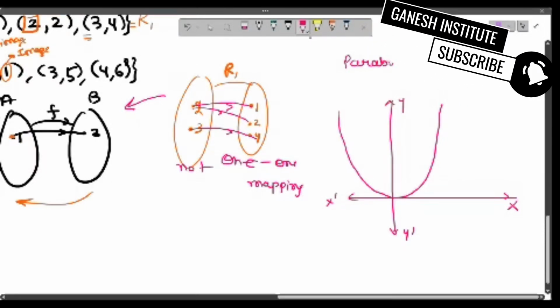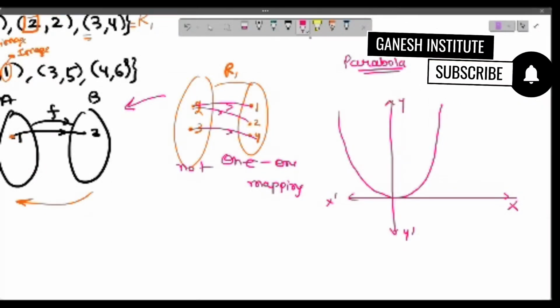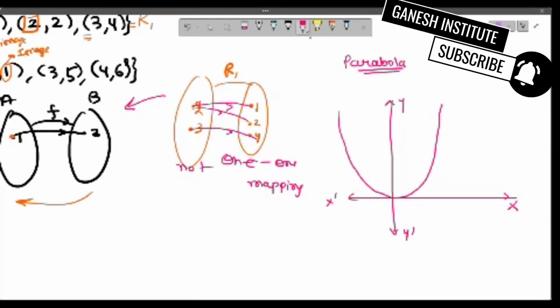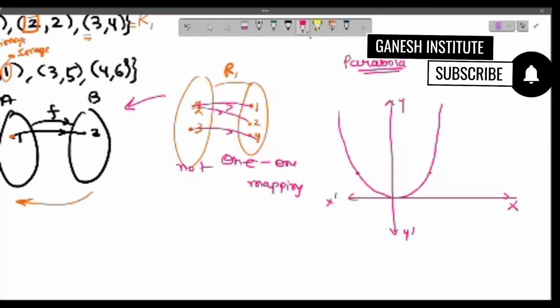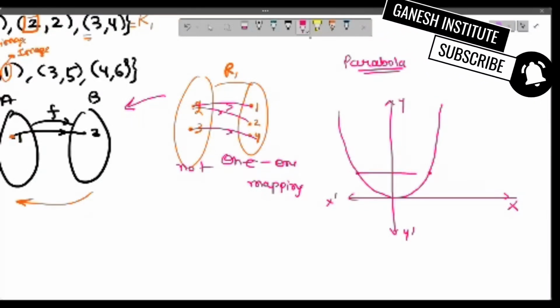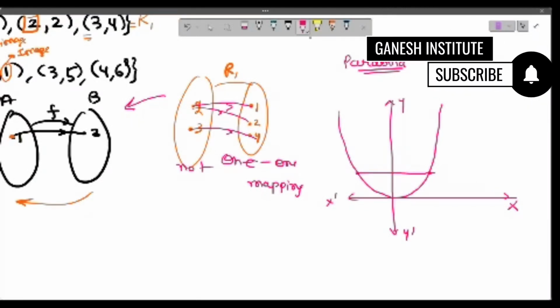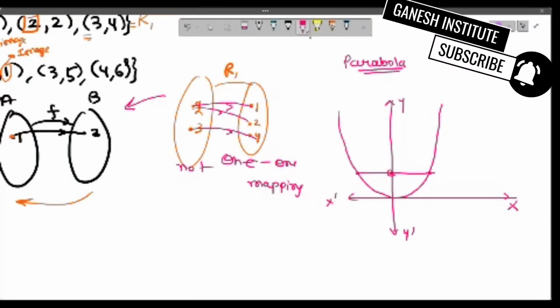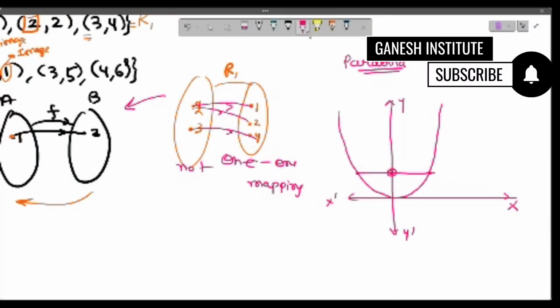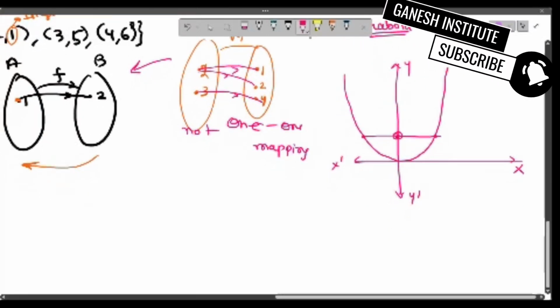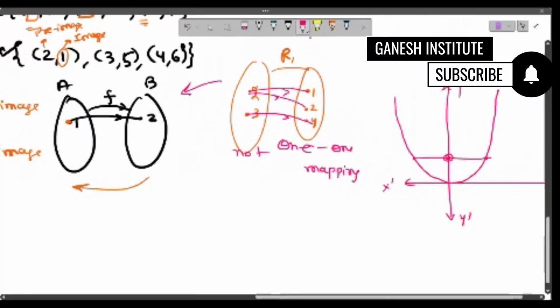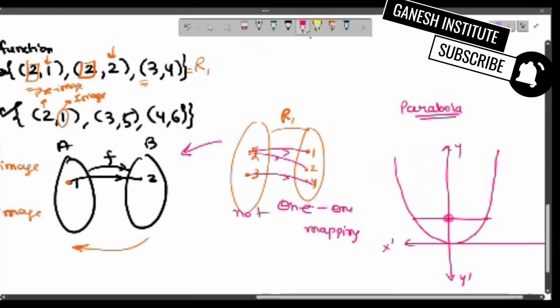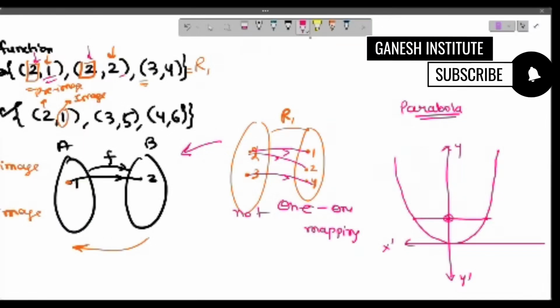Yes, it is, because every x has one y. Perfect. So you can see that I have these two, but y is same. You cannot have same x and different y's.